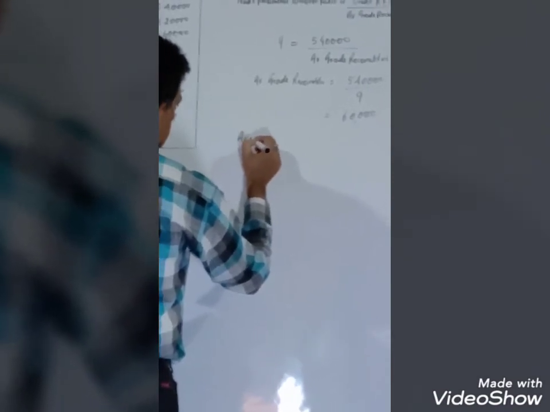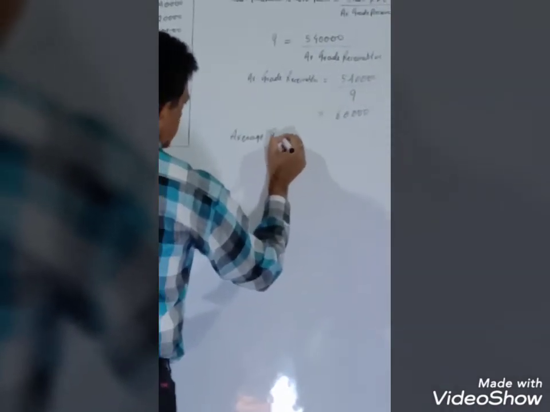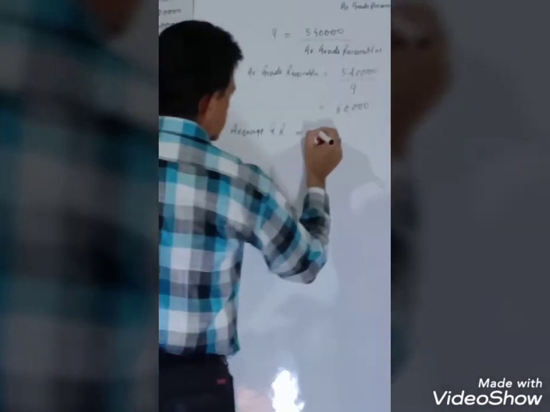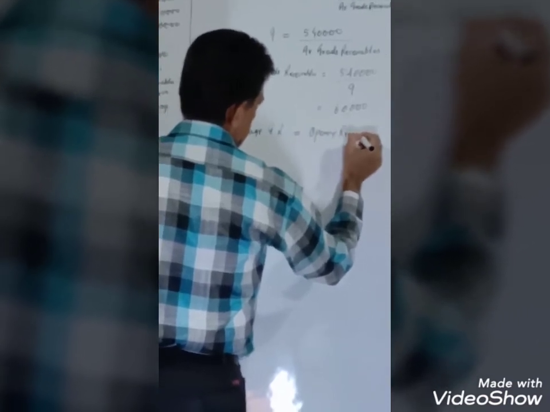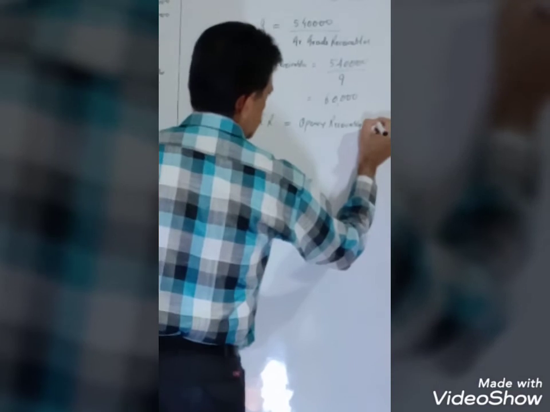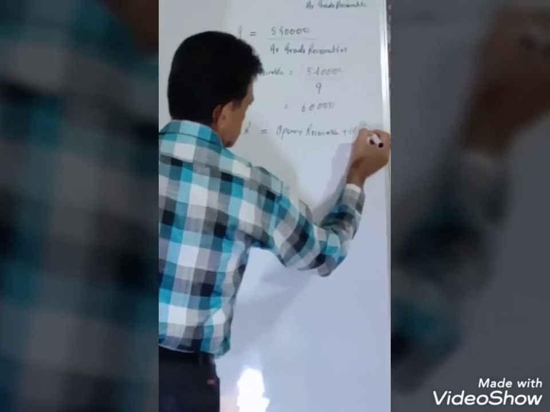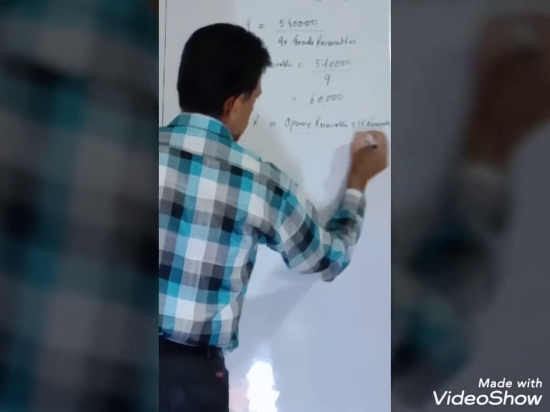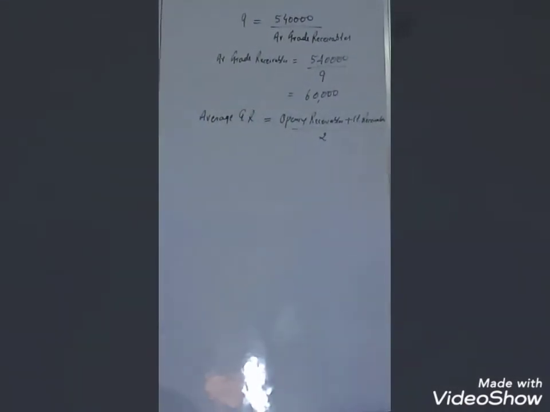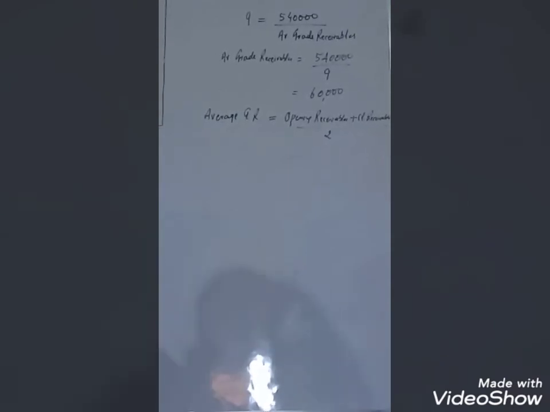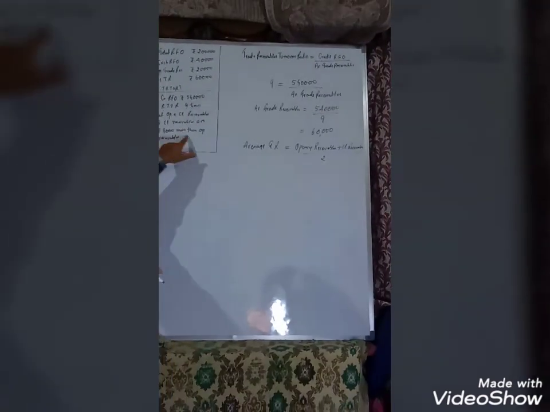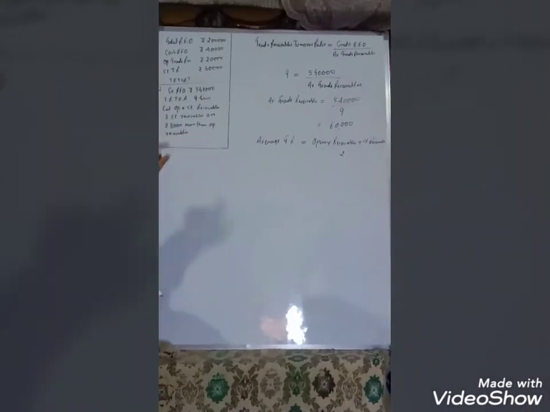Average trade receivables. The formula is opening receivables plus closing receivables divided by 2. Average trade receivables we got rupees 60,000, but opening receivables and closing receivables are not given. Information is, closing receivables are rupees 8,000 more than the opening receivables.